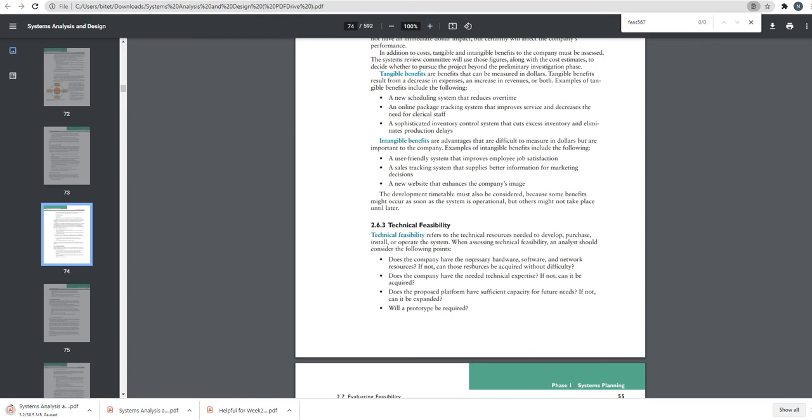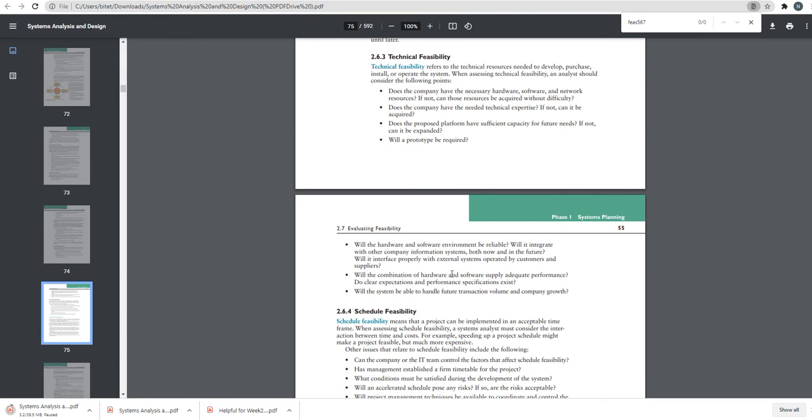So considering the implementation of the application, the required number of employees will be recruited by the organization. Some will be technical in-house people, and we need to recruit some people who have relevant experience. By doing that, technical feasibility is successfully implemented.